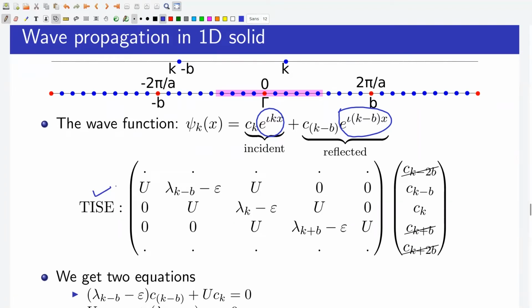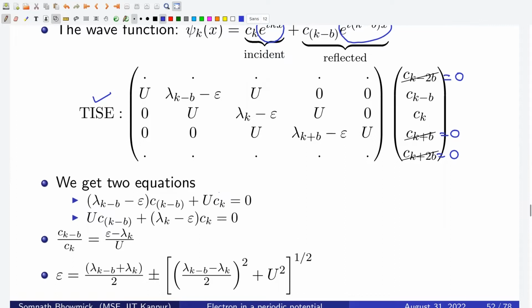Note that other than c_(k-b) and c_k, the rest of the coefficients are 0, because we have decided to keep only two terms in the Fourier series expansion of psi. We get two equations, and we have to solve two unknowns, c_(k-b) and c_k.